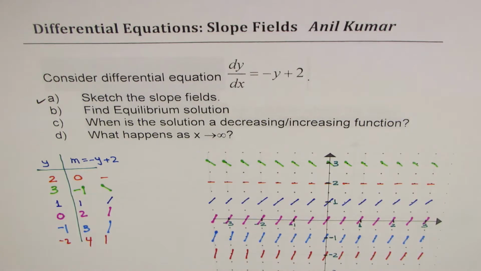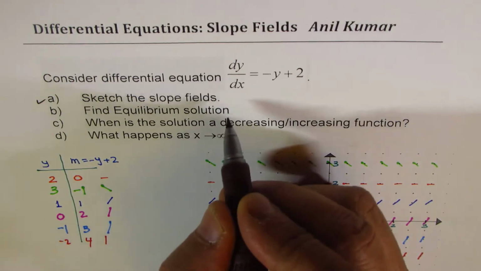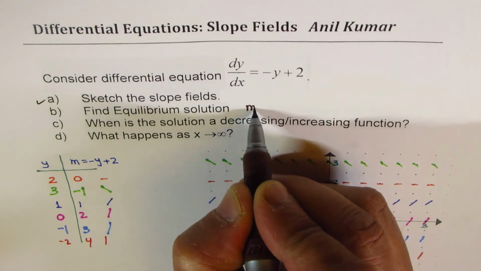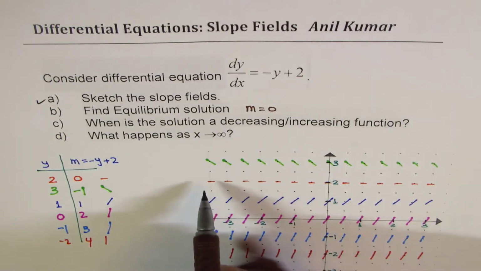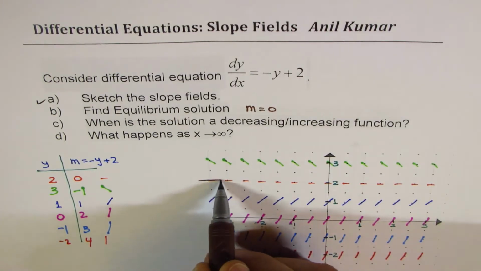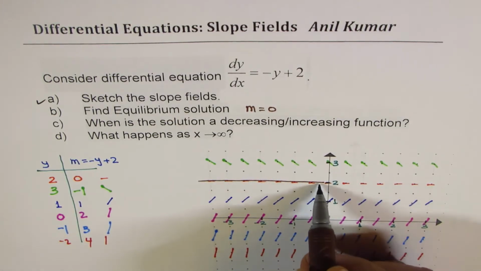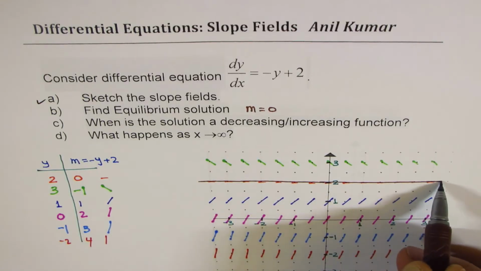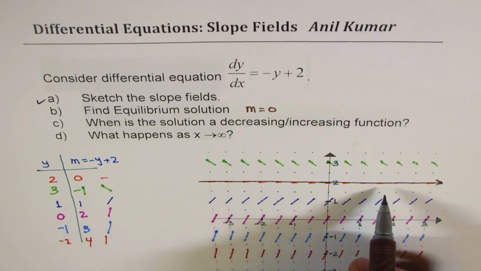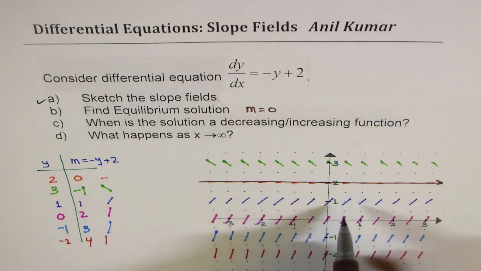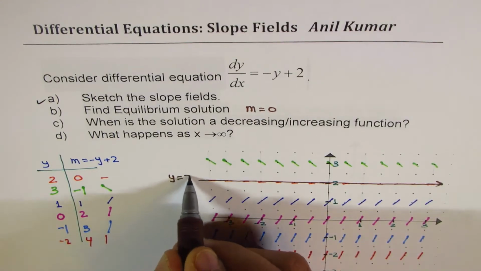When we say equilibrium equation, it really means the equation which is horizontal, where the slope is 0. So from here, that is the equilibrium equation for the value y equals 2.